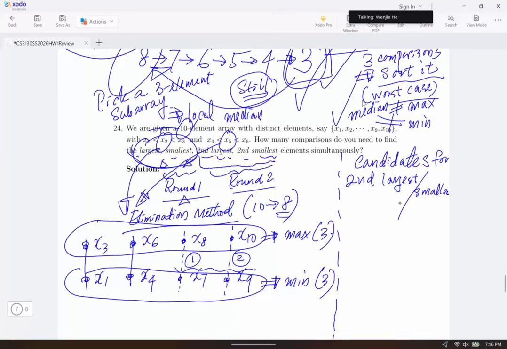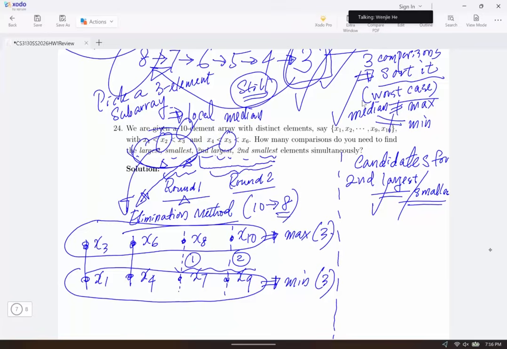Because largest and smallest are symmetric, I only need to do the largest analysis. For the smallest part, we just do a similar analysis, by symmetry.